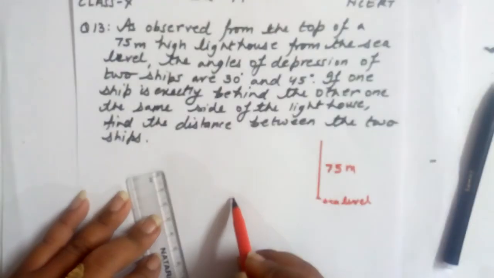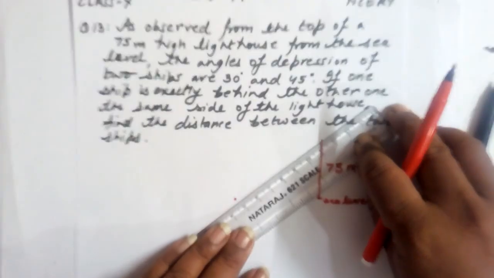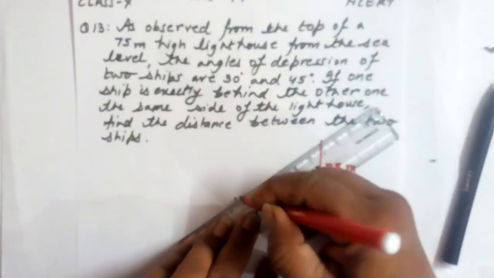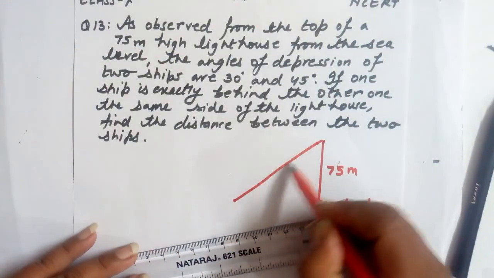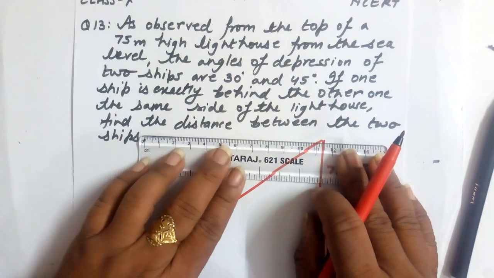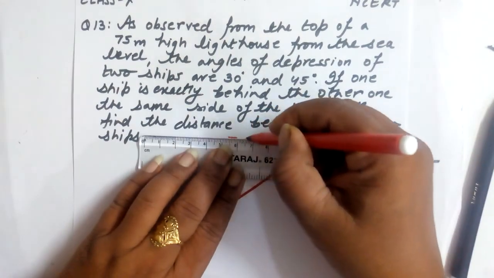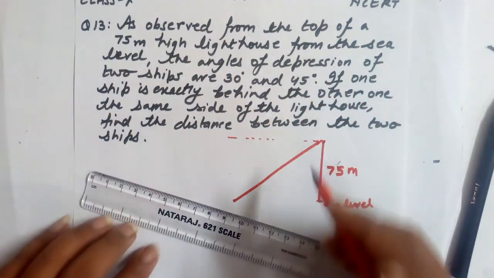So if the ship is here and the angle of depression, this is the line of sight, and if we draw a horizontal line, so this is 30 degree.